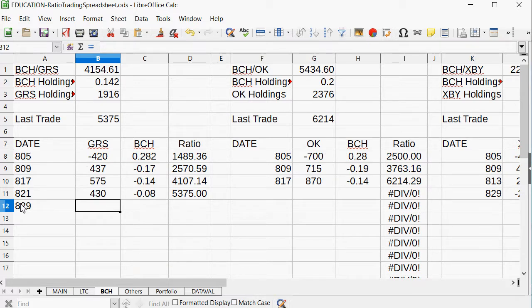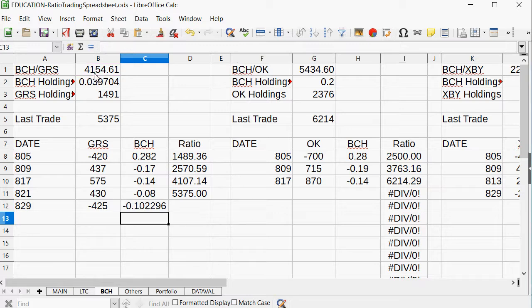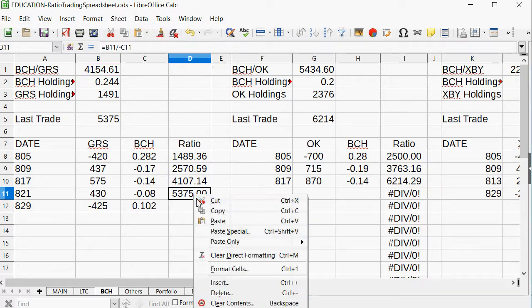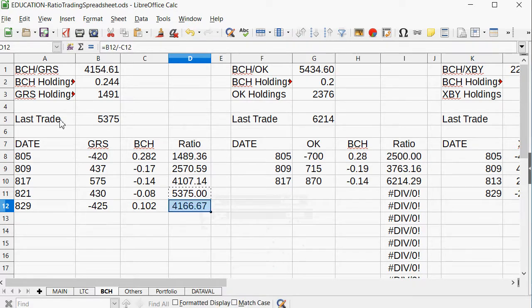We just had 3 buys in a row on it. So let's get rid of 425. And this is going to be close to 0.1 now. 0.102. And the last trade of 41.67.